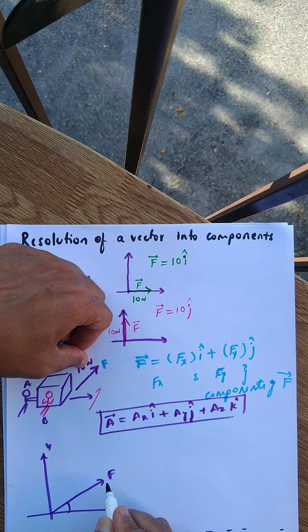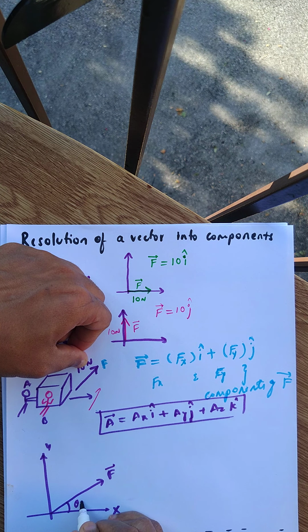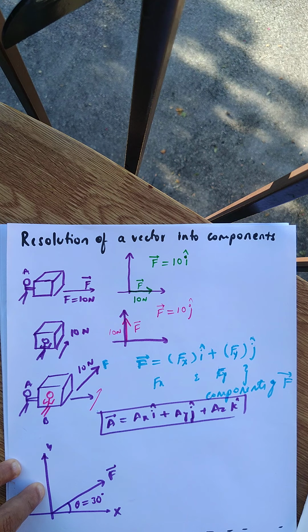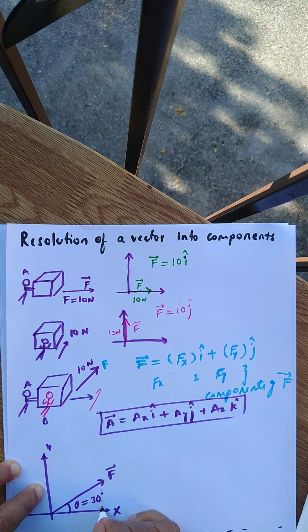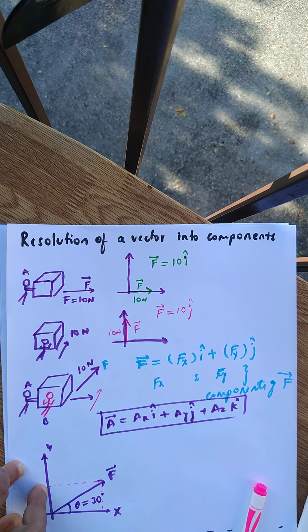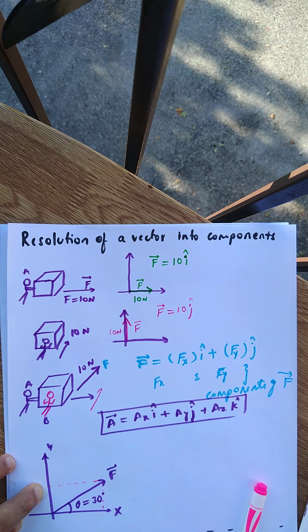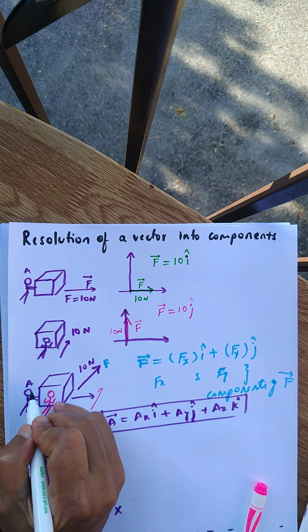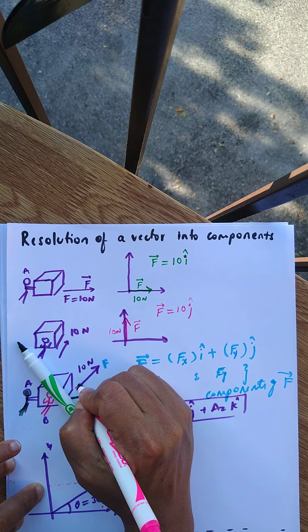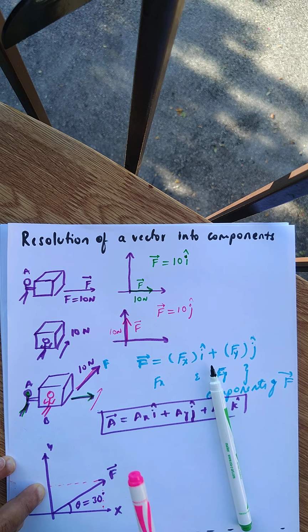What is the angle made by this vector with the x-axis? Suppose let's say it is 30 degrees. Now what I'll do here is I will just drop a perpendicular. So what I get in this direction is, here's my green, this is person A, green, this is person B, pink.